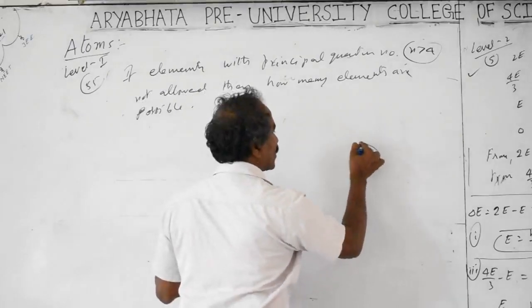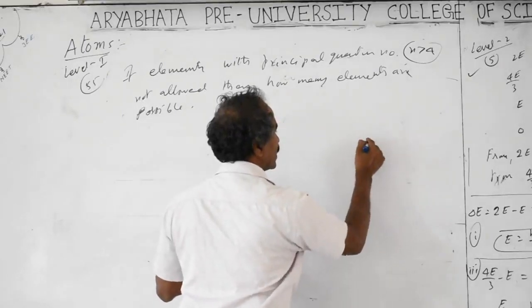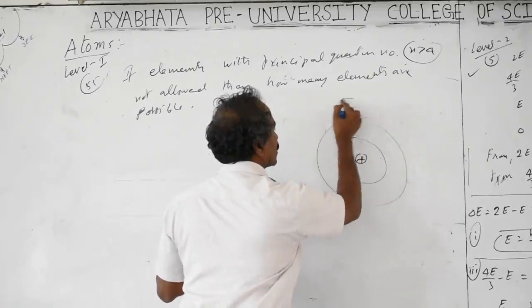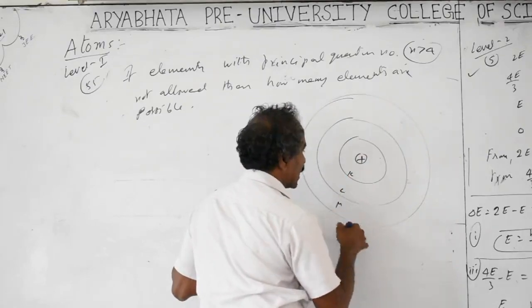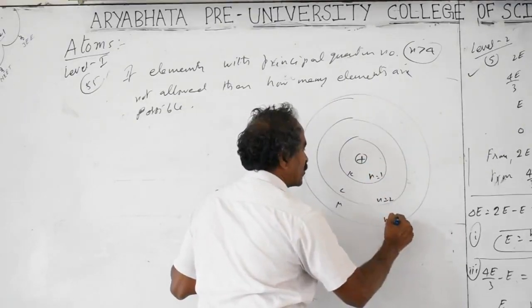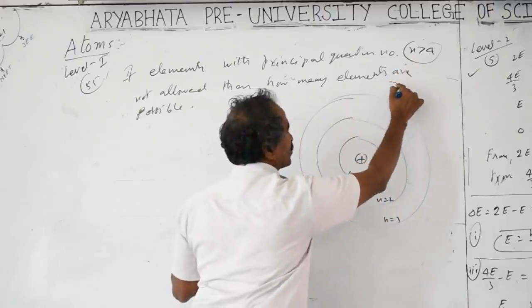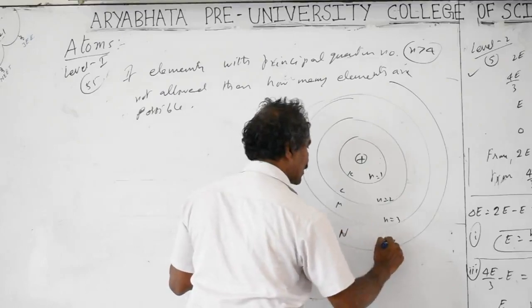So if you take the orbitals, this is the nucleus, first orbital, second orbital, third orbital onwards, K shell, L shell, M and next N onwards, n equal to 1, n equal to 2, n equal to 3, and permitted is up to 4. So we can have N shell, n equal to 4.